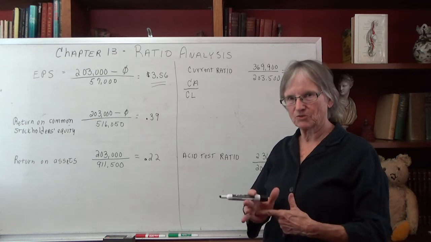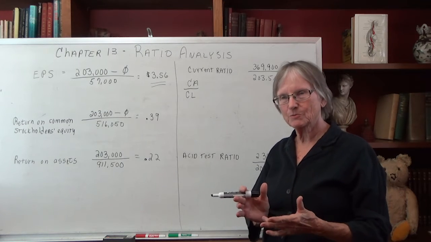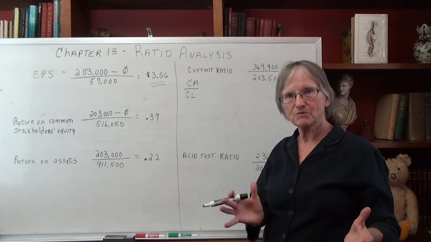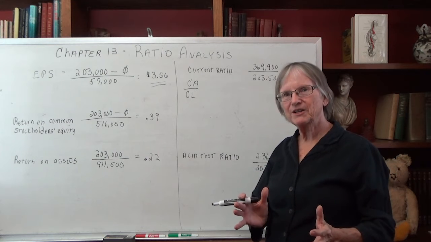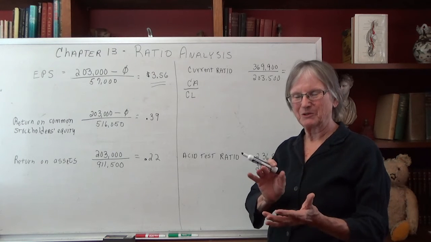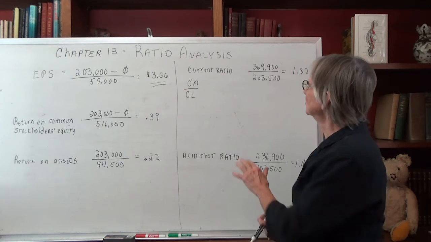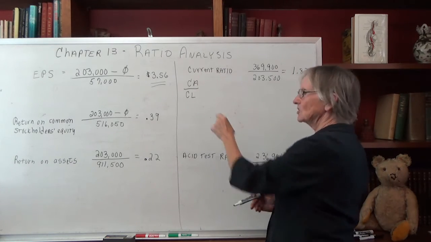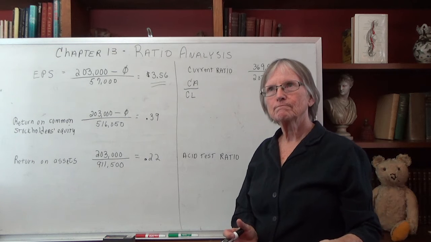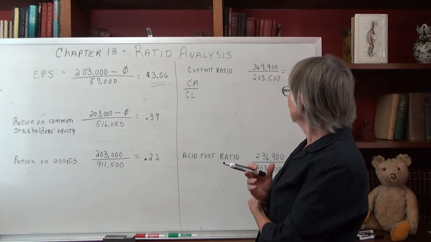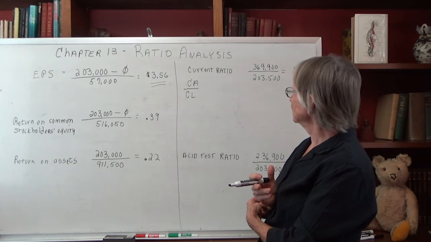So cash, accounts receivable, inventory, prepaid expenses, short-term investments, stuff like that. Not current assets: long-term notes payable, bonds payable. Those are long-term. So we're only looking for current assets and current liabilities.